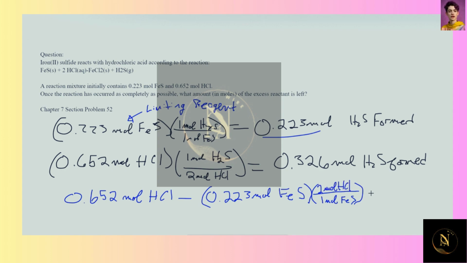Okay. So that should give us the amount of HCl that we consumed. And if we type that into our calculators, we should be able to get an answer of 0.206.